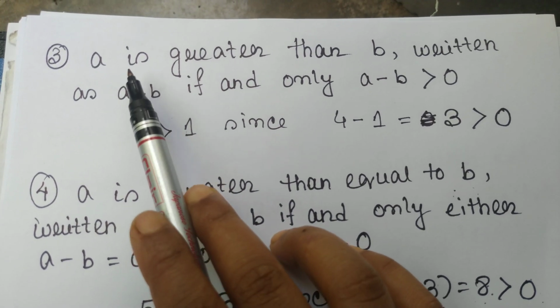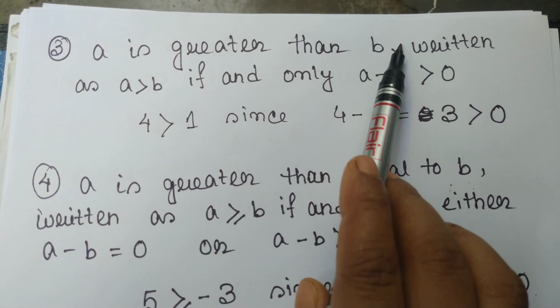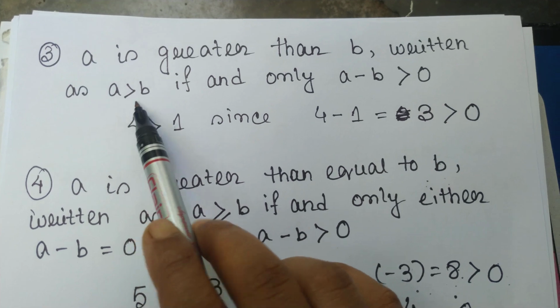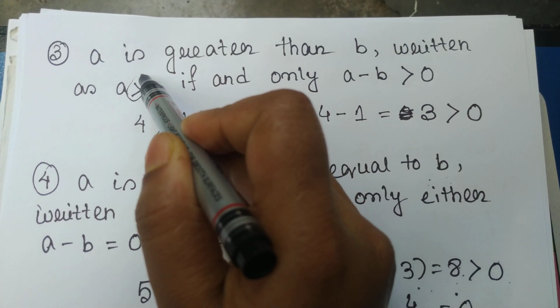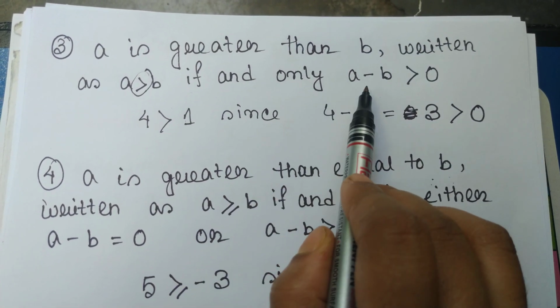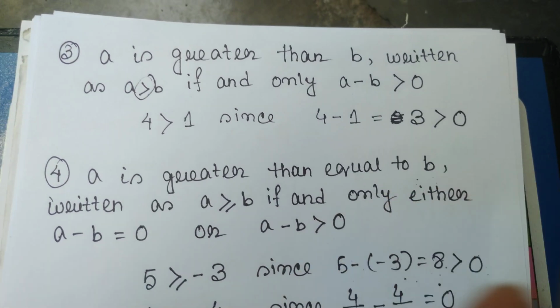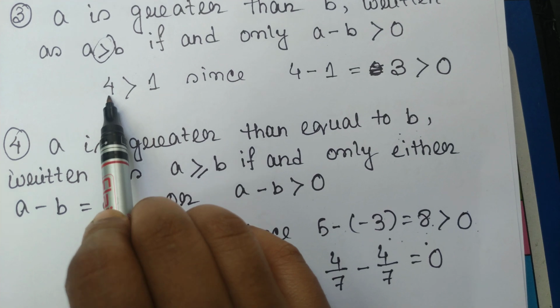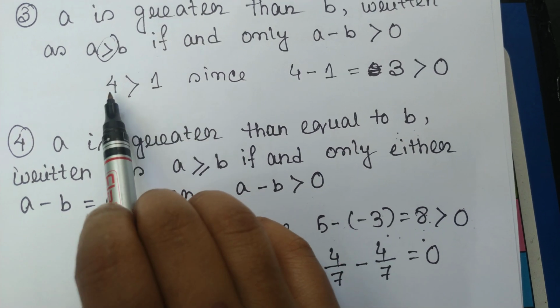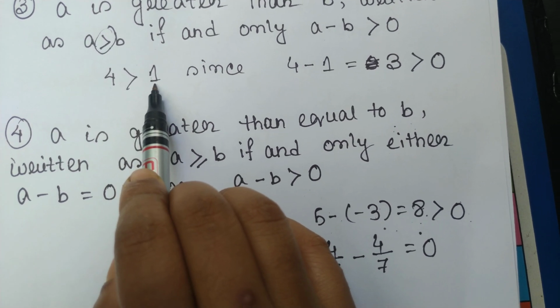So when I say a is greater than b, how do I write it? a is greater than b if and only if a minus b is greater than 0. Now I say 4 is greater than 1. Why am I saying that?